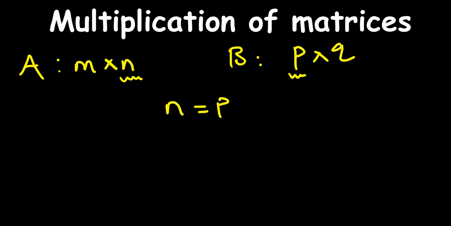If this n is not equal to this P, then you can't multiply those two matrices. Multiplication won't work on them.